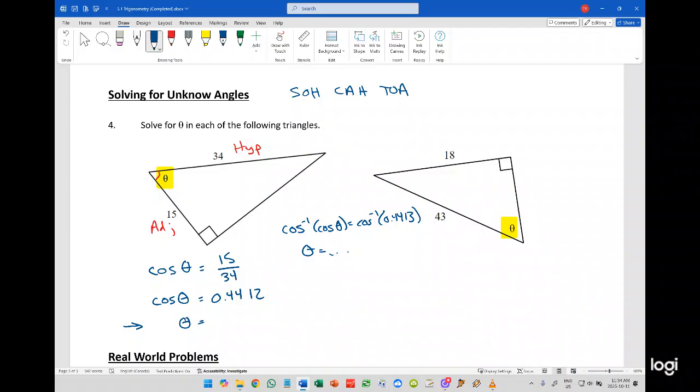It means I take the 0.4412, and then on most calculators it'll be inverse cos, or second function cos, or shift cos, depending on what button it is that does the line above the buttons. On my calculator, it says second function, so I'm going to second function cos that, and I get 63.8 degrees. I'm going to round all my angles always to 1 whole degree, so 63.8, I'm just going to write as 64.